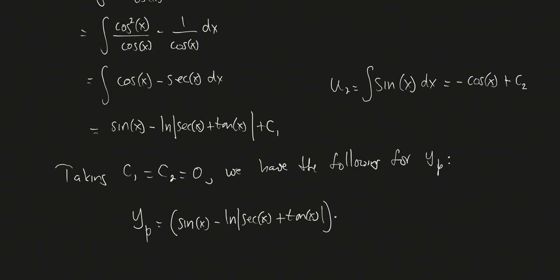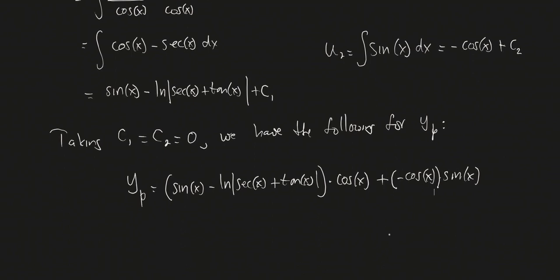This is my u1, and this is to multiply y1, which in this case is the cosine of x. And then add to that u2, which is negative cosine of x, times y2, which is our sine function.